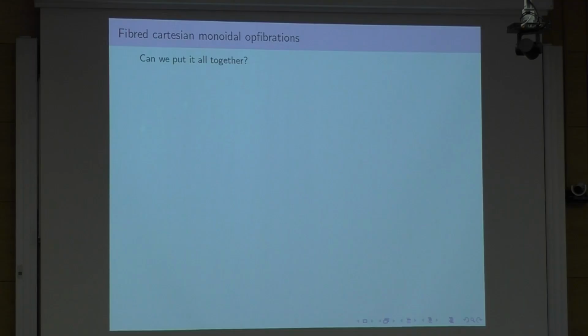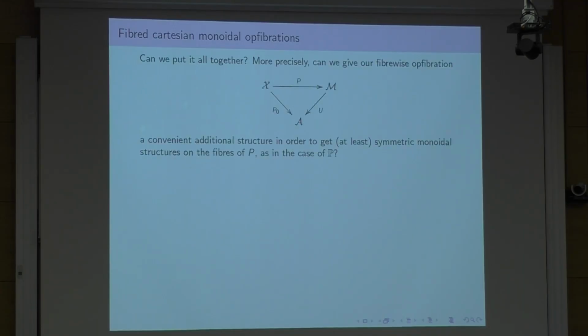The problem is, can we put it all together? Which means, if we start with the fiber-wise opfibration, could we give it a convenient additional structure, as in the case of regular spans, in order to get at least a symmetric monoidal structure on the fibers, as in the case of process extensions?